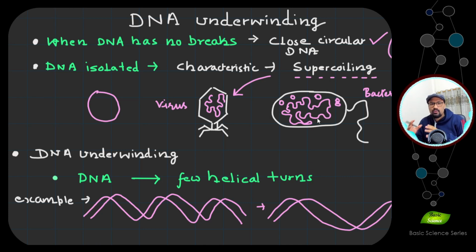Now these are the two basic things. And why underwinding? Underwinding is important because whenever there is DNA underwinding, strain will be there, and that will cause DNA to supercoil, or it can also cause the DNA strands to separate, which is important for various cellular processes.